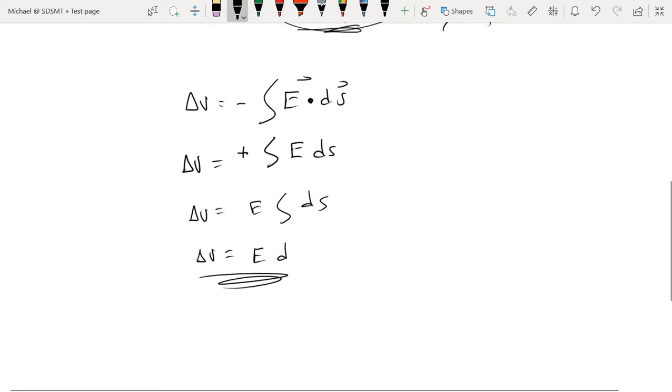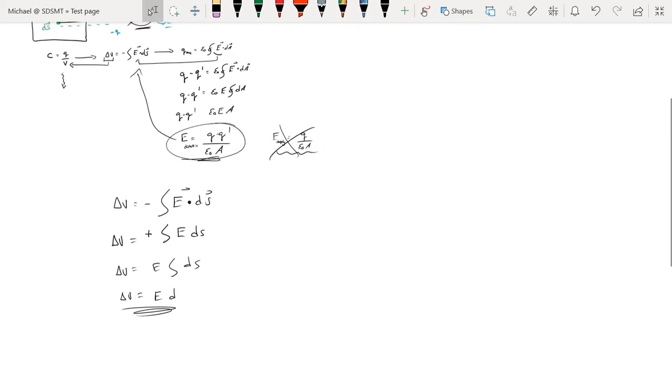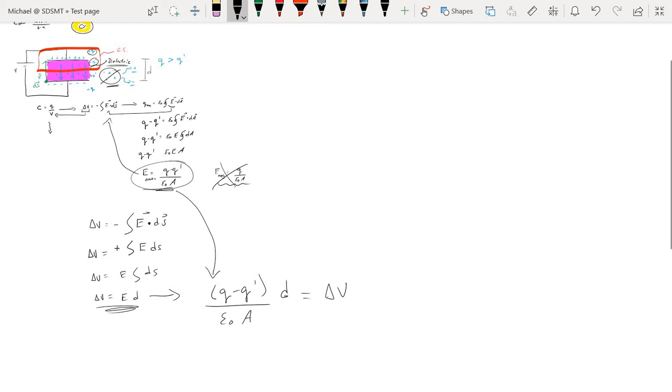And this is the same outcome that we came to with the empty capacitor. The only difference is now when we plug in the electric field expression, we're still carrying along the difference in the charge values. So this is the change in the electric potential as we move from one plate to another.